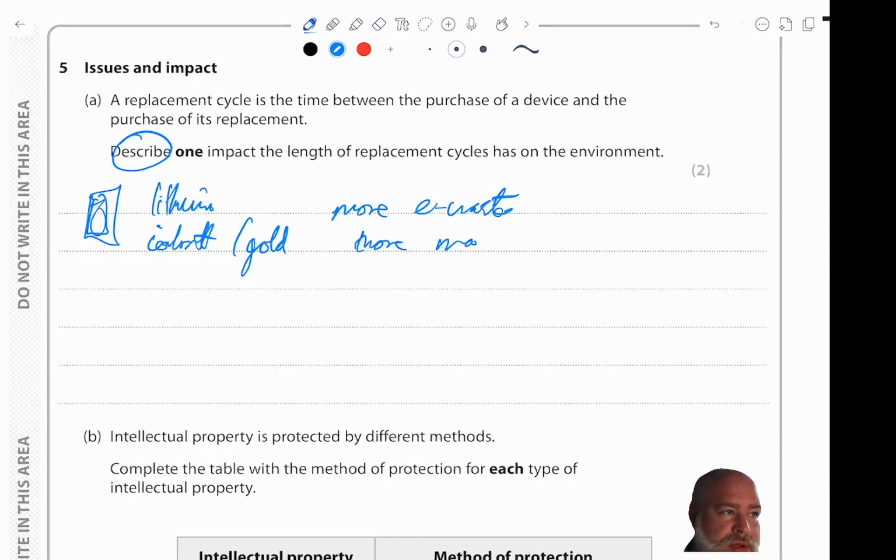I mean, you'll have to put this into an actual sentence. Manufacturing.